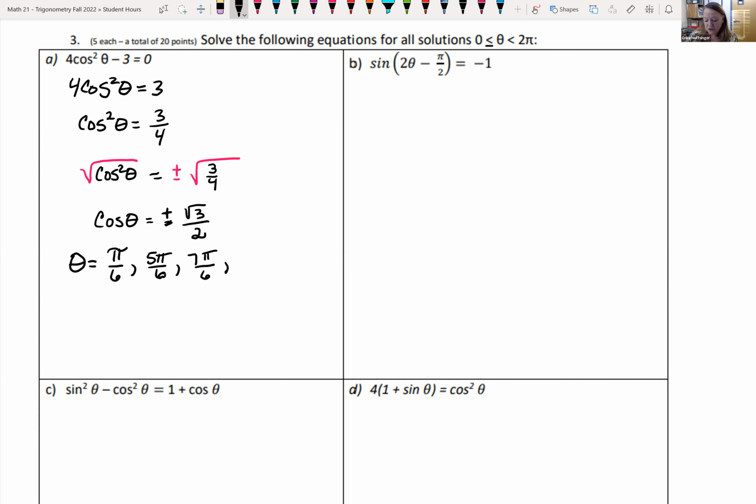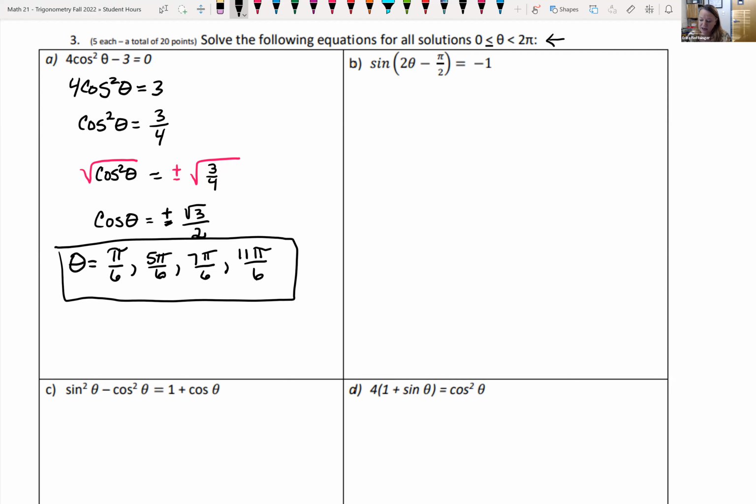In the fourth quadrant, my reference angle is pi/6, so subtracting that from 2pi, that is 11pi/6. So for all of the values between 0 and 2pi, that would solve that equation, would be these 4 angles.